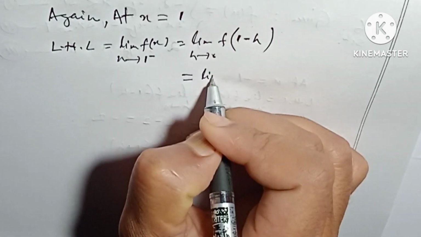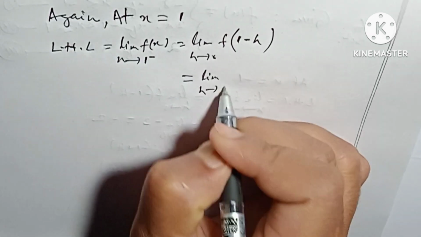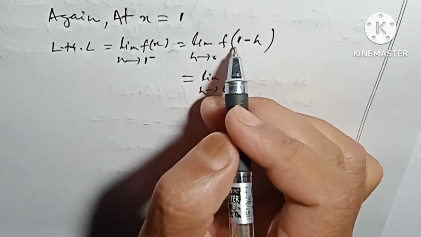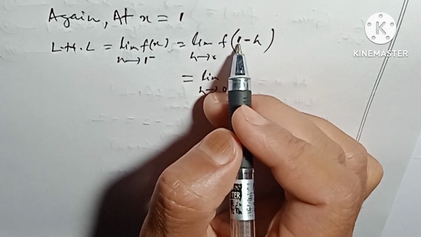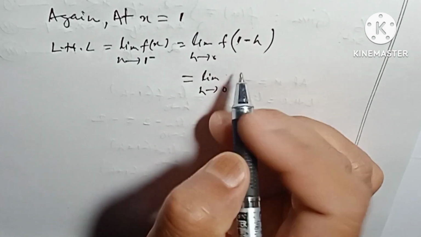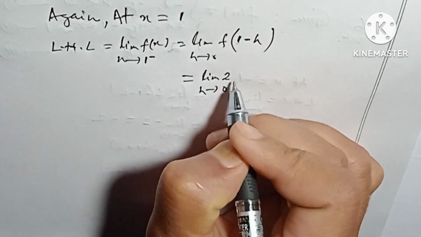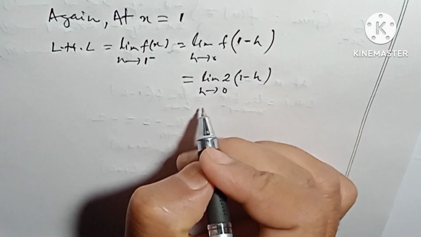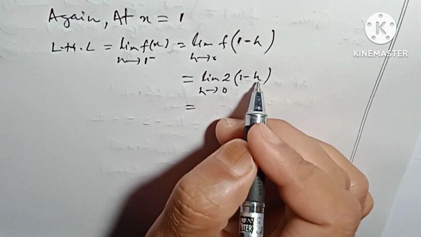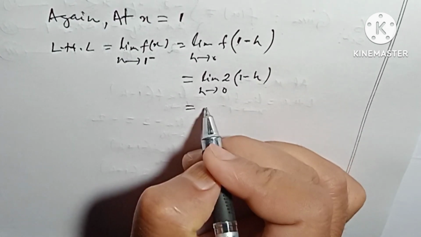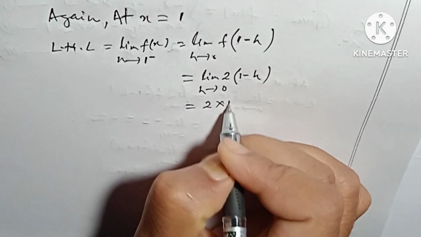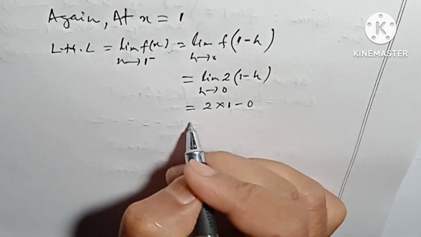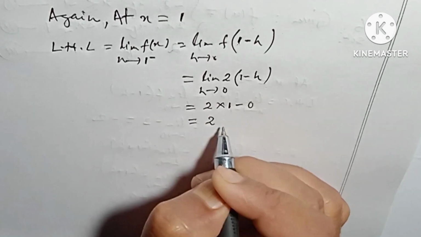Then f(x) is equal to twice x. Twice x is 2 times (1 minus h). Let's put the value of h equal to 0. Then it becomes 2 into 1 minus 0, that is 2 into 1, which is 2.